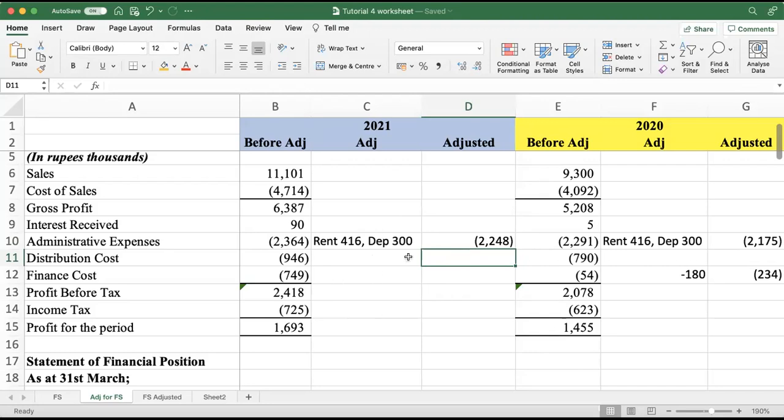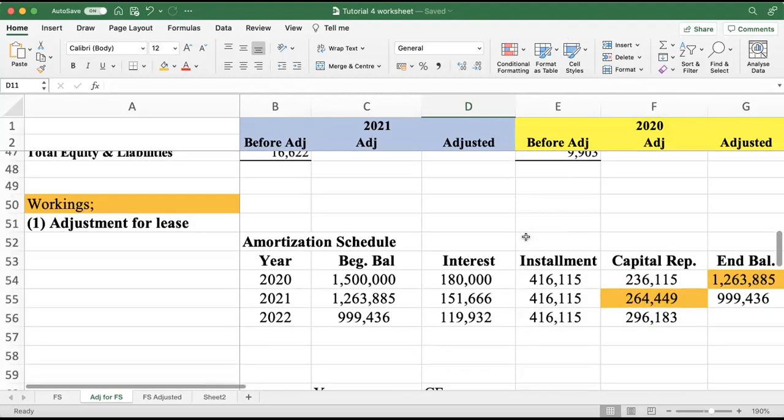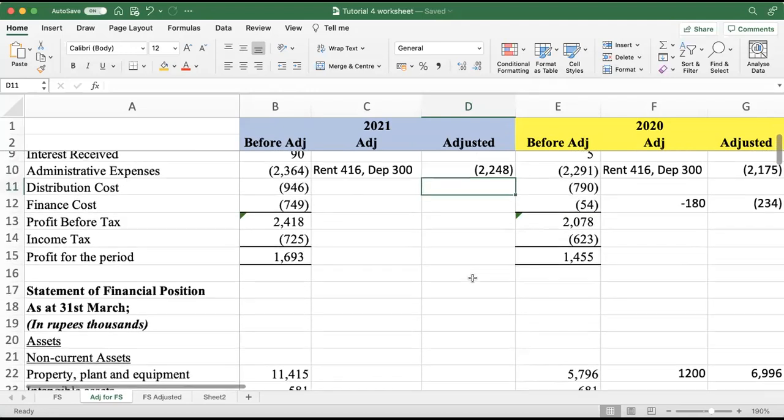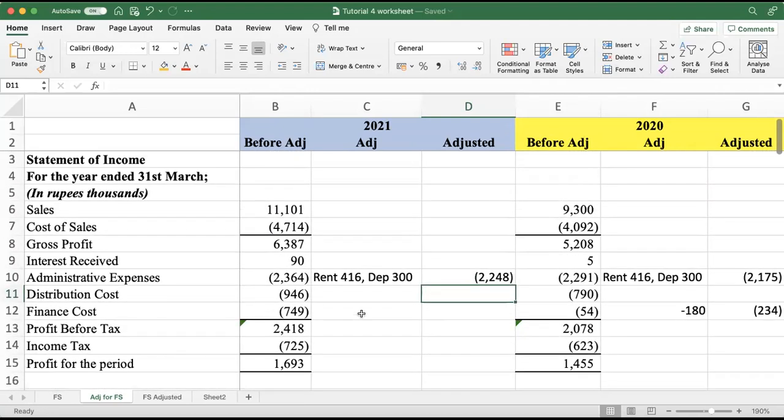Then to the finance costs, you need to bring the interest, lease interest. How much lease rent interest for 2021? You see interest for 2021 in thousands, 152. That goes to finance cost.